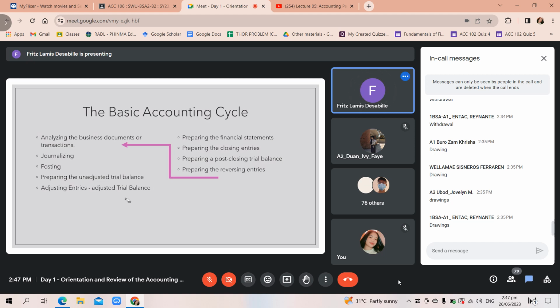So, analyzing, journalizing, posting, preparing the unadjusted trial balance, and adjusting entries. So, kaning first 5 steps, guys, ang tawag nila nga phase, these are what we call the recording phase.